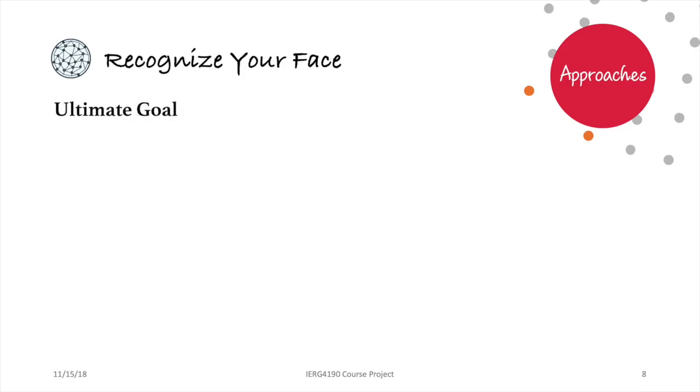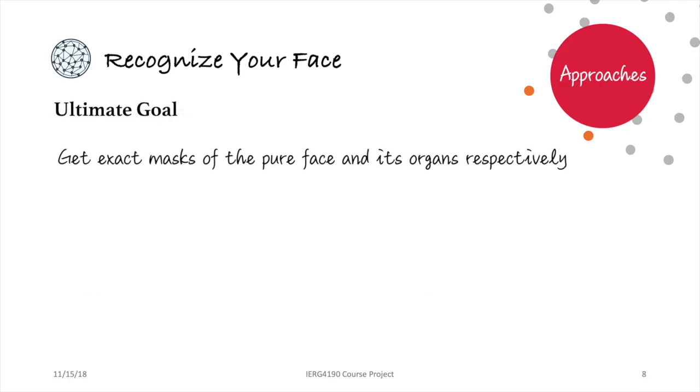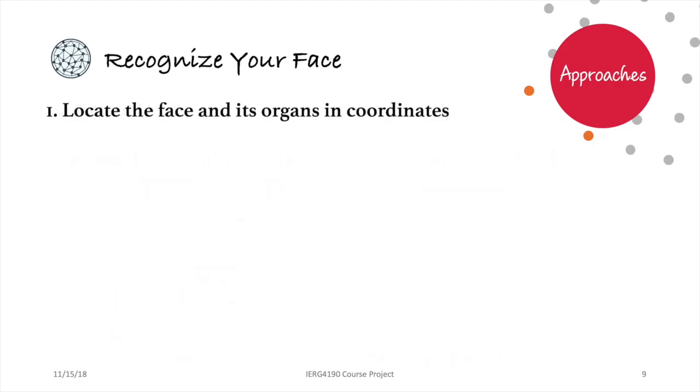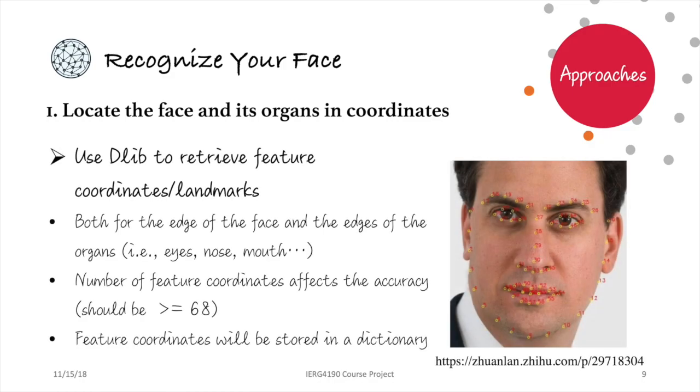Our ultimate goal is to get exact masks of the pure face and its organs respectively. For example, the picture on the right is the pure mask of the face of the image on the left. The first step is to locate the face and its organs in coordinates. We may use Dlib to retrieve feature coordinates or landmarks.